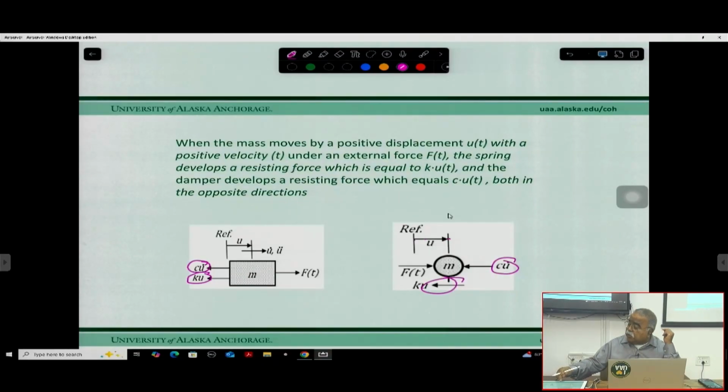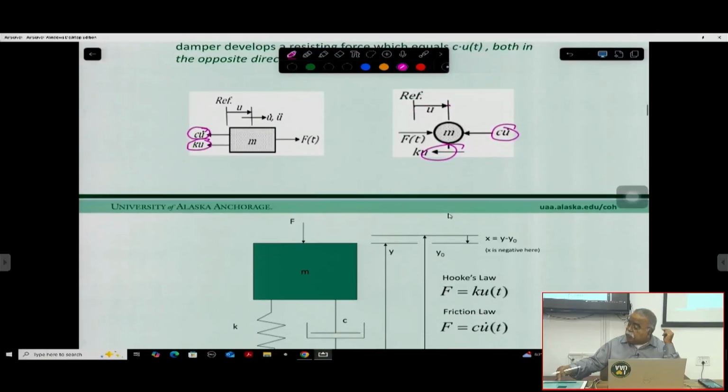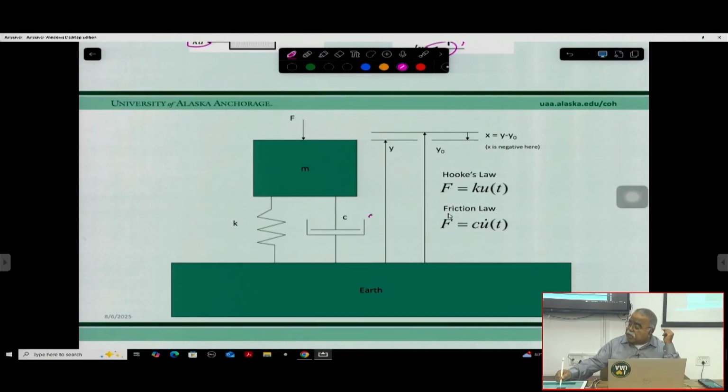They all come into this picture, and we will show the damping by putting a dashpot into the system. This is what we call a dashpot. So this is your spring mass system, and this is the dashpot system.